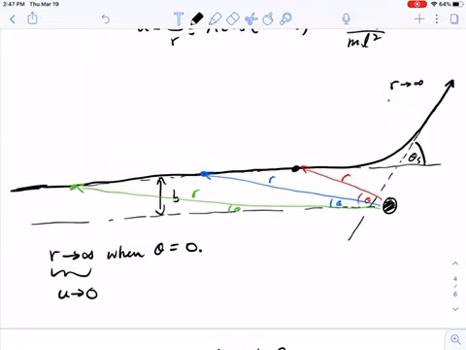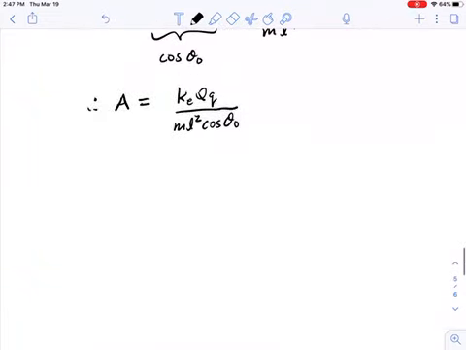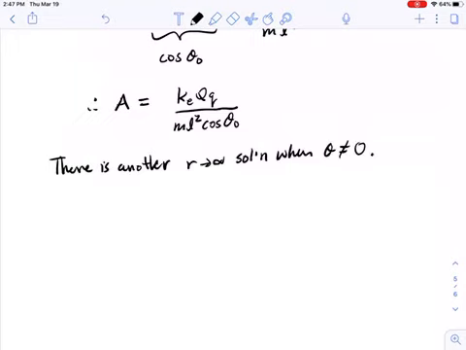And so the question is, what is the angle when R goes to infinity after the scattering? So there is another R goes to infinity solution when theta is not 0. And so let's find that solution.